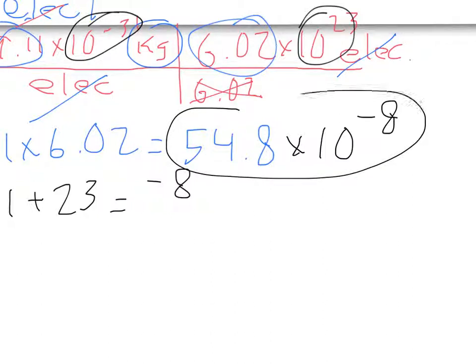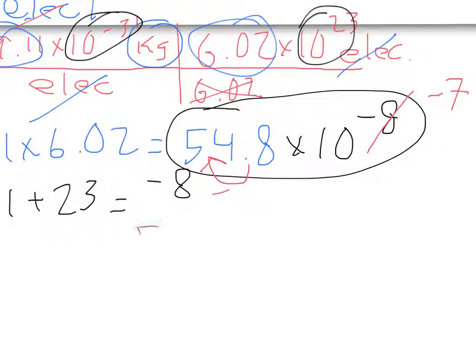The problem with this is not correct scientific notation. I need to move my decimal point from here to here, and in so doing I'm going to change this number. I've moved my decimal place to the left by 1, so I need to increase my power by 1, from negative 8 to negative 7.